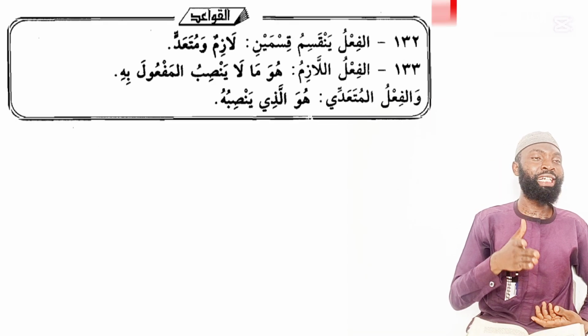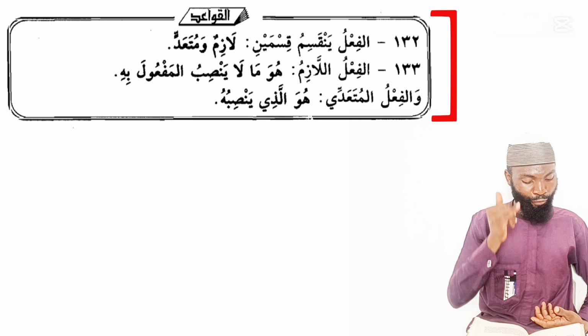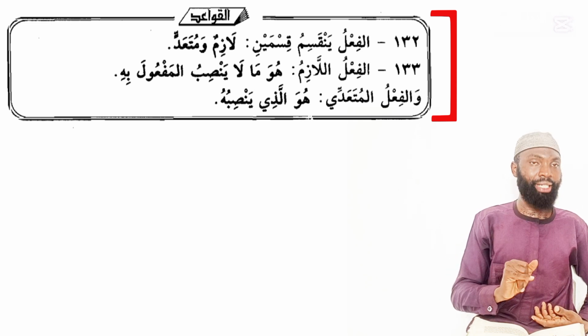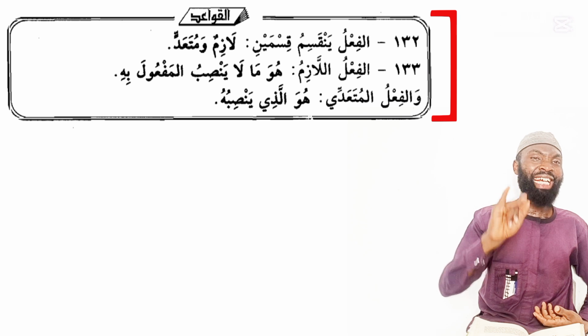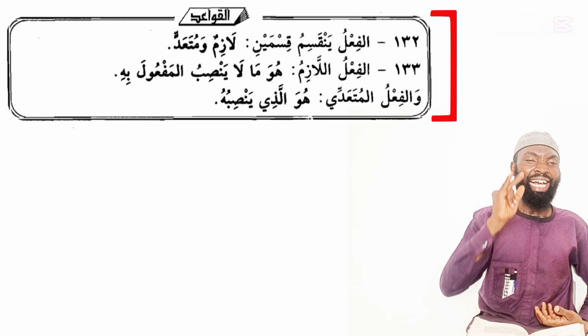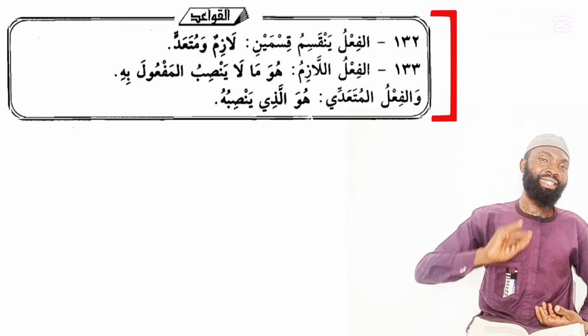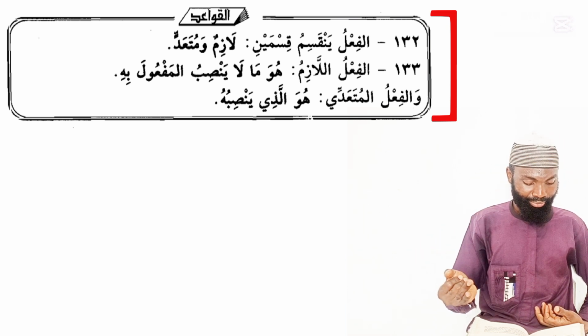Lastly, we have al-qawaid, which means the rules. The first rule says the verb is categorized into two, lazim wa muta'addi, either intransitive or transitive.